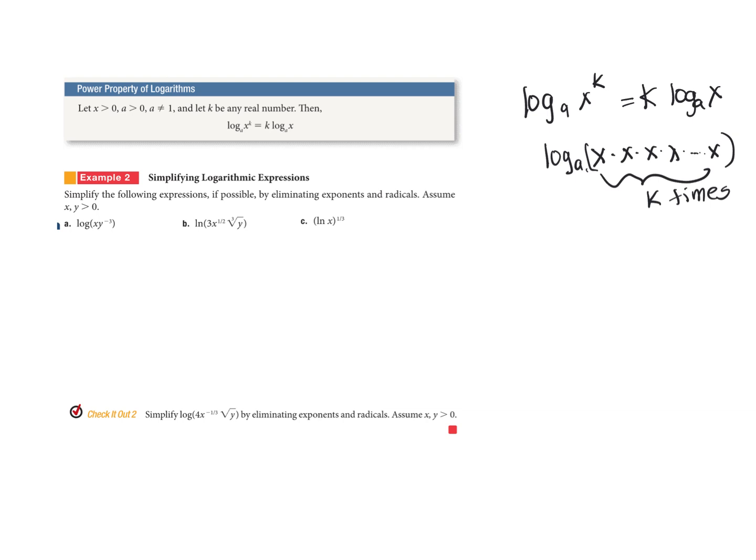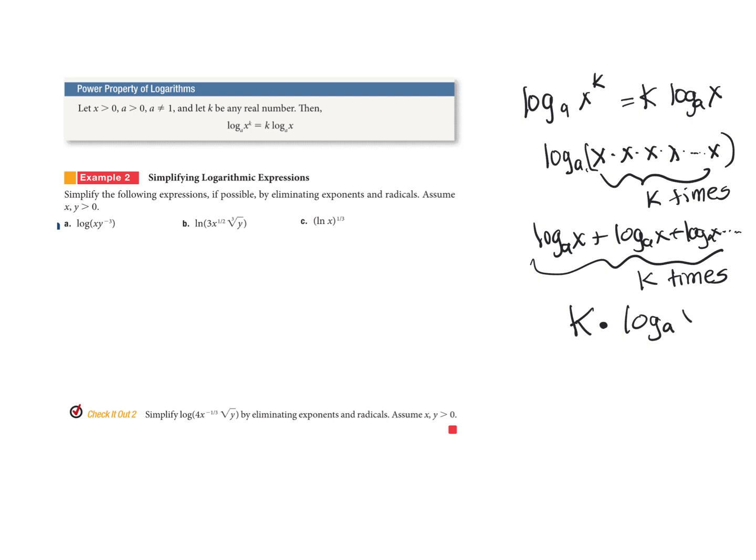Which would be log base a of x plus log base a of x plus log base a of x, dot, dot, dot, all the way up, k times. And if we do repeated addition over and over again, that's just k times log base a of x. So this is just an extension of the rule that we just learned.